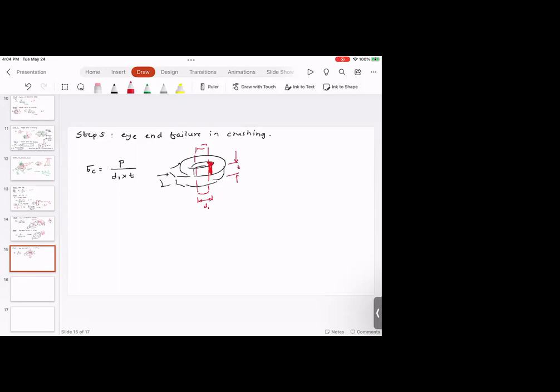Please note, D1 is known, T is known, so you can just check to make sure that this dimension is correct. Then next step, step 6. Fork end in tension.